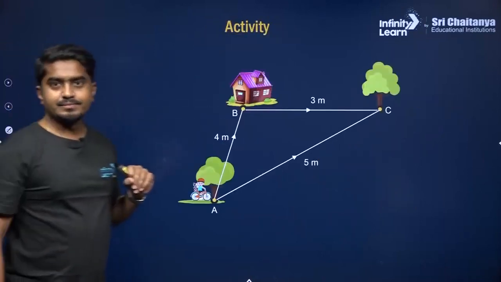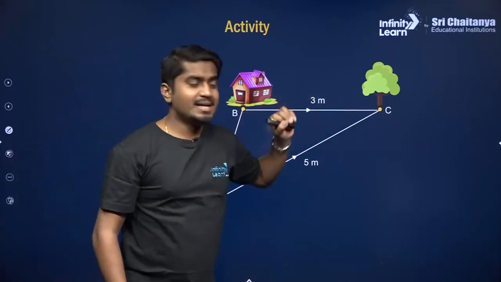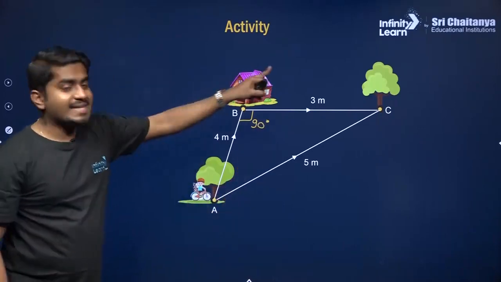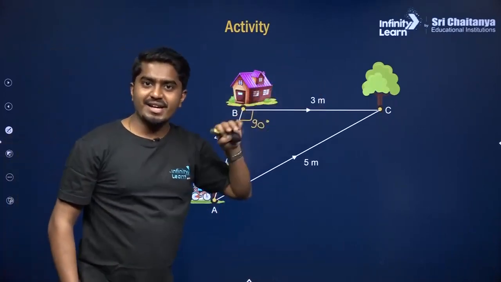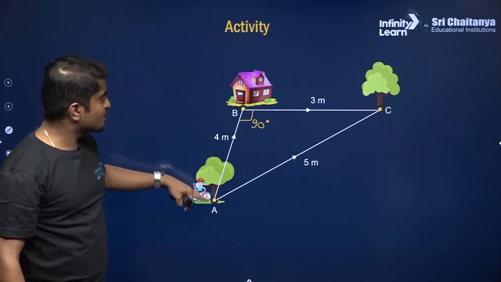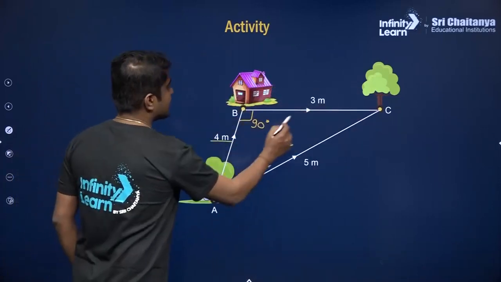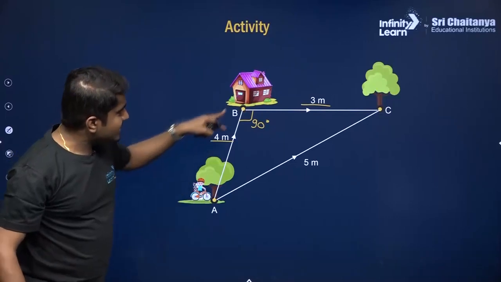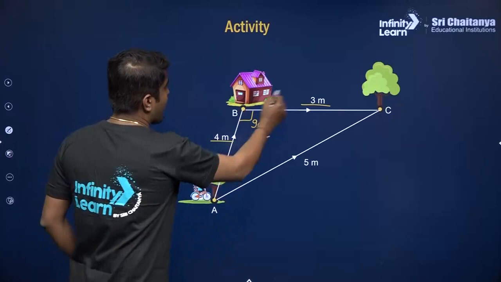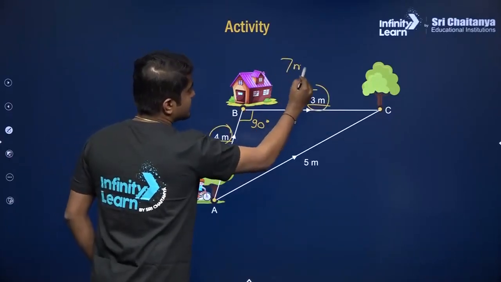For example, here this is point A, point B and point C. Let's suppose this is 90 degrees, so this is a right angle triangle. This person cycles from A to B, from this tree to the house, and from the house to another tree. This is 4, this is 3. There are different ways to go from A to C. One path has length 4 plus 3, which is 7 meters.